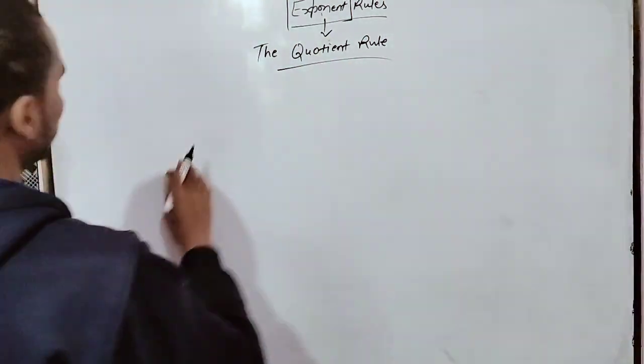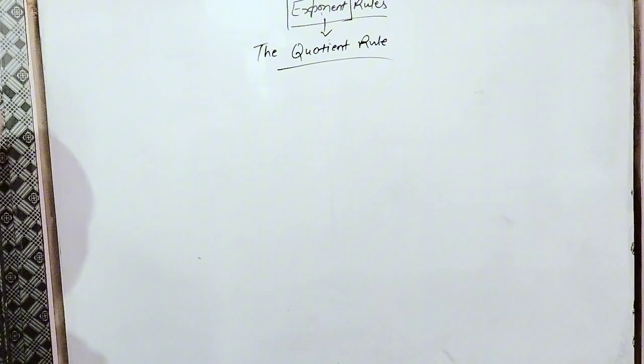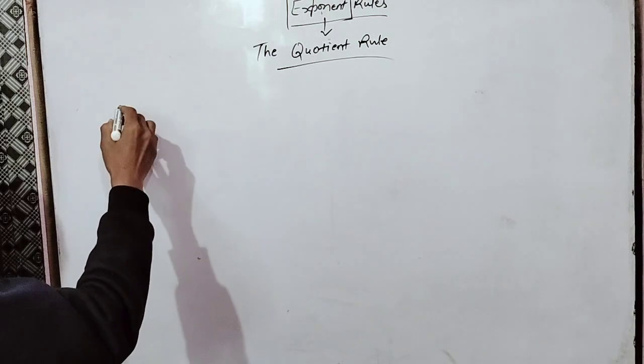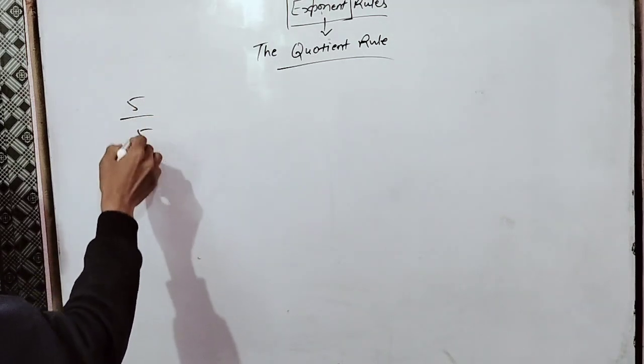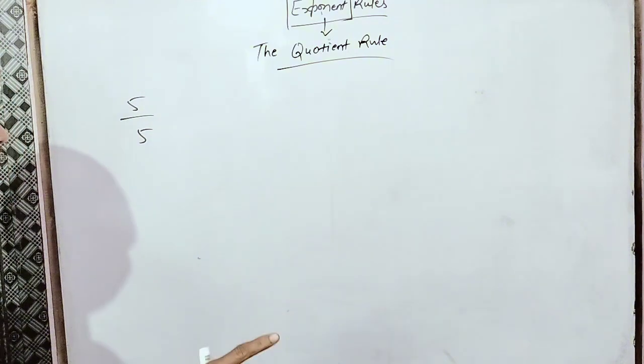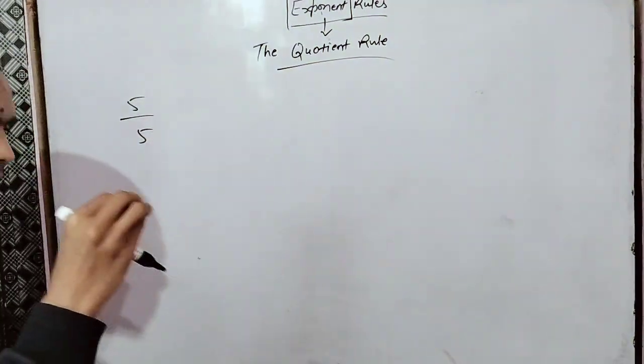So the meaning of this is we have division. As I told you, the base should be equal, the same. And the exponent can be the same and can be different. Okay, like that.